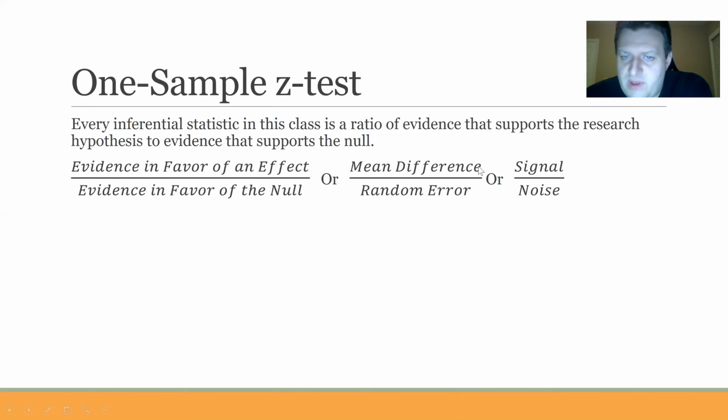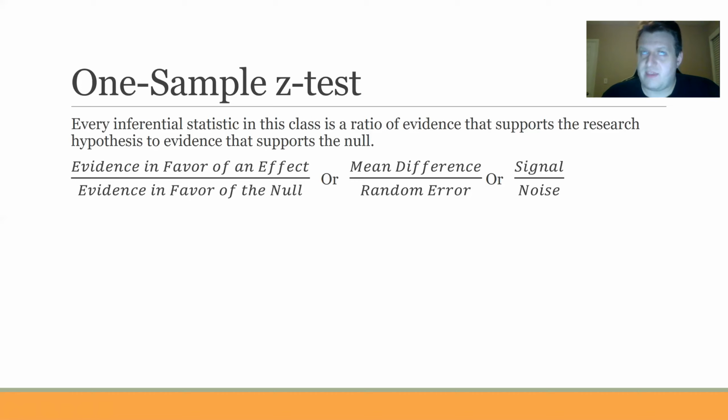Another way of referring to this is maybe it is the magnitude of the mean difference. So is it a large mean difference? Is it a small mean difference? Over how much natural variation there is in whatever the dependent variable is. Okay, what is our sampling error? What is the natural amount of variability that there is in this type of measure?